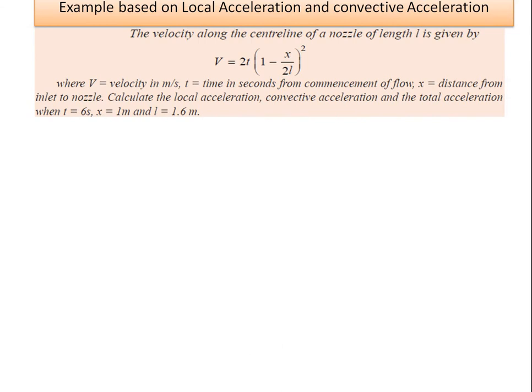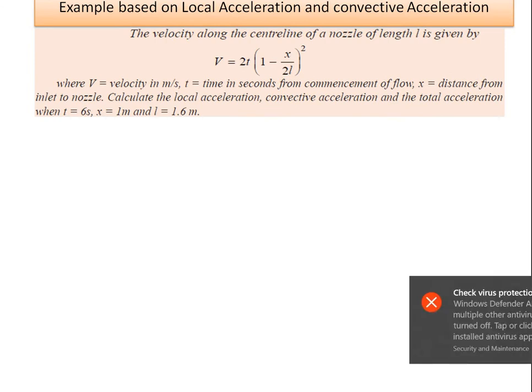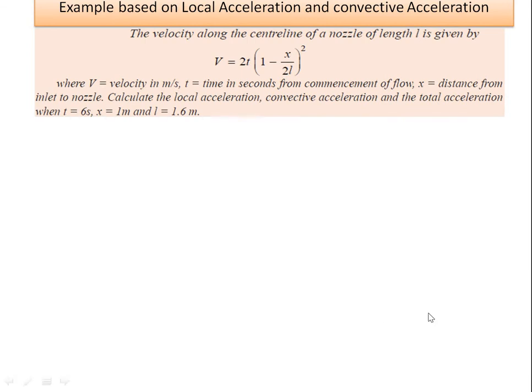Now we'll take some examples based on local acceleration and convective acceleration. The velocity along the center line of a nozzle of length L is given by V = 2t(1 − x/2L)², where V is velocity in meter per second, t is time in seconds from commencement of flow, and x is the distance from the inlet of the nozzle.